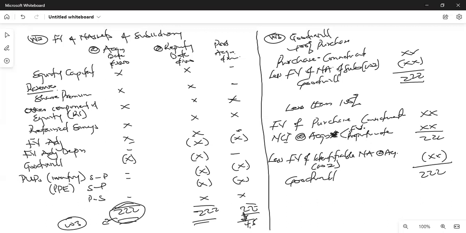Now, if the fair value method is used, what is going to happen is that you are now going to get what we call impairment. Impairment, all right. And that one, like I said, comes to the fair value method only. So you have to less it, and you get your goodwill carried down, which will go to your SOFP.